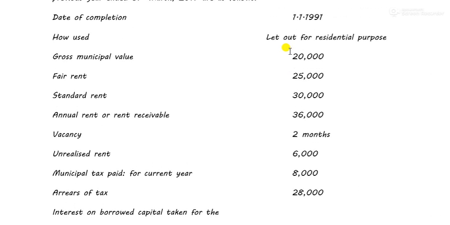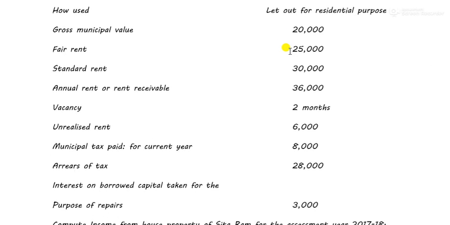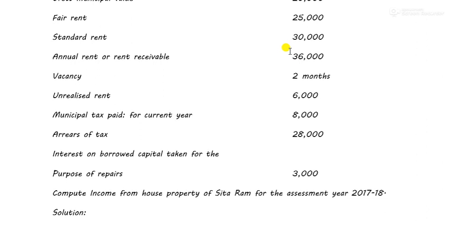Okay, less municipal taxes. So let's talk about municipal taxes. Municipal tax paid for current year 8,000. However, arrears of tax 28,000. So he has paid 8,000 municipal tax for the current year.